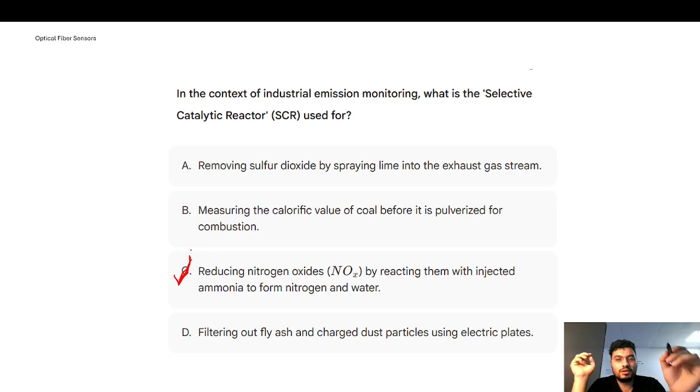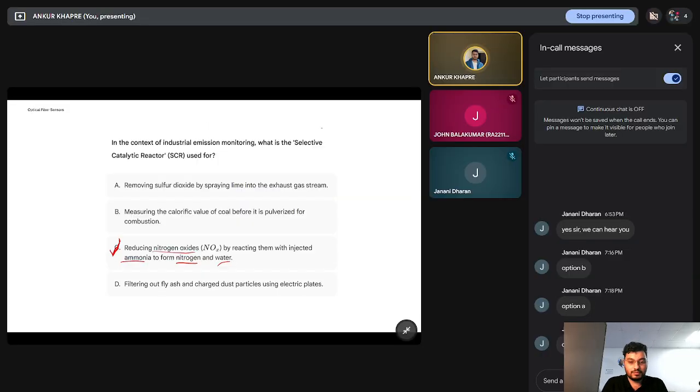I wrote this question because nitrogen oxides are very harmful, and we need to reduce the concentration drastically to ppm level. For that, we inject ammonia in the chamber, and ammonia reacts with the nitrogen oxides and forms nitrogen and water. These reactive nitrogen oxides are converted into harmless nitrogen and water.